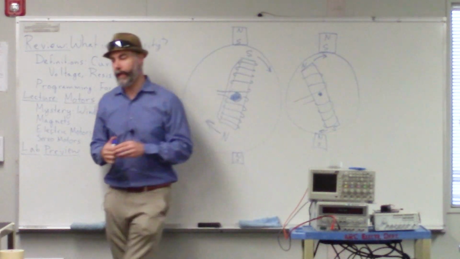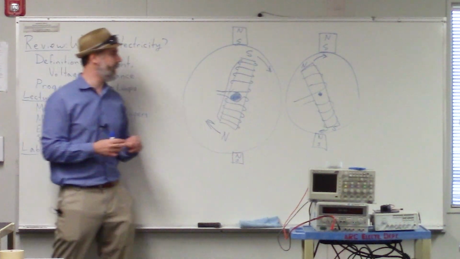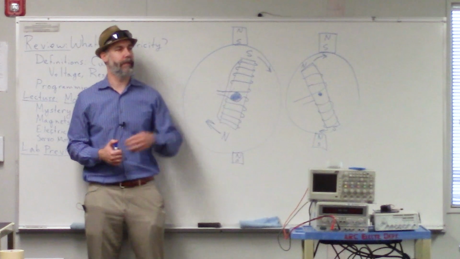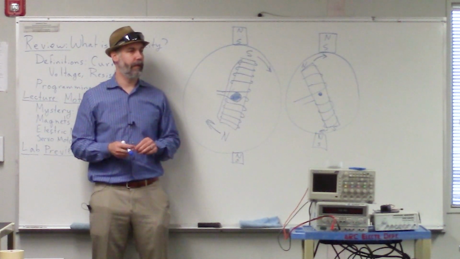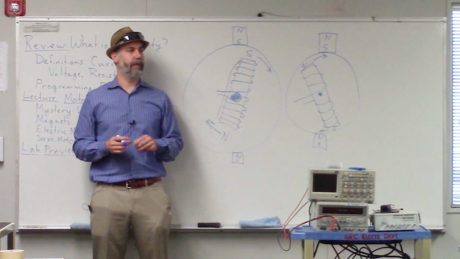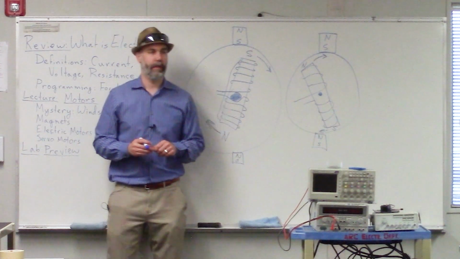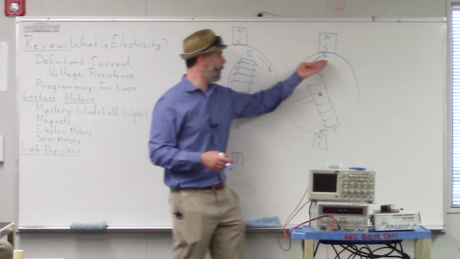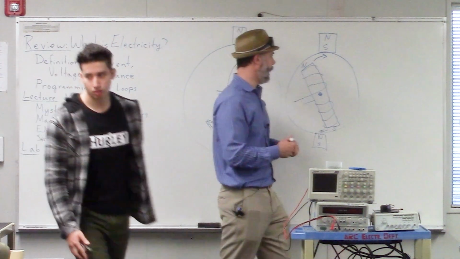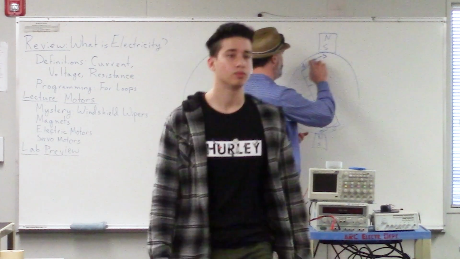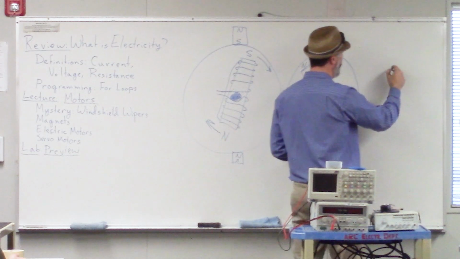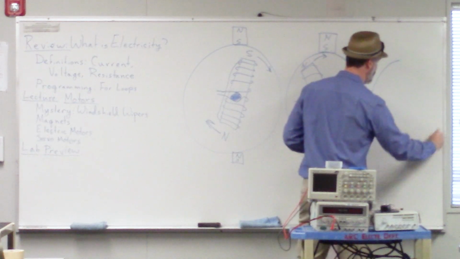We want this bar to keep rotating. So, anybody have an idea about what we could do to fix that and make this bar keep on spinning in the same direction? Yeah. Pulse at a certain frequency, so like turn off the electricity at certain points to allow it to maintain. Yeah, exactly. So if we were to turn off the electricity right when the north pole got right to the south pole and vice versa, then it wouldn't stick.